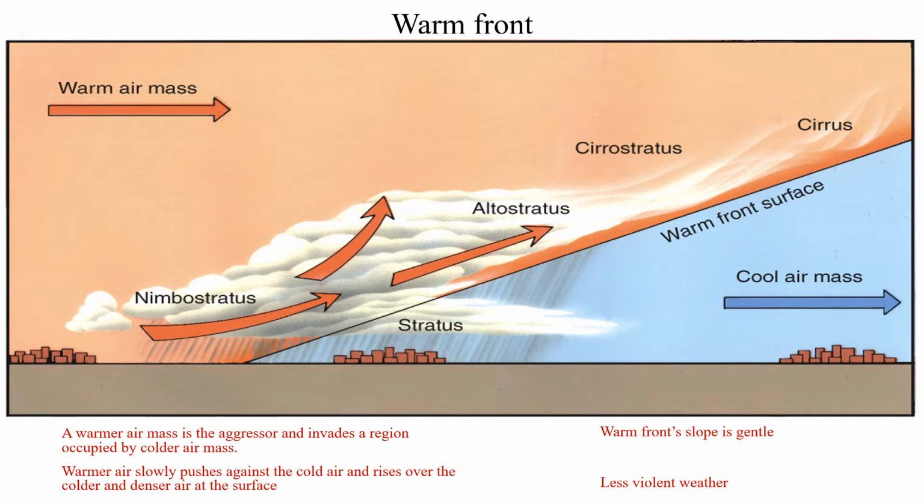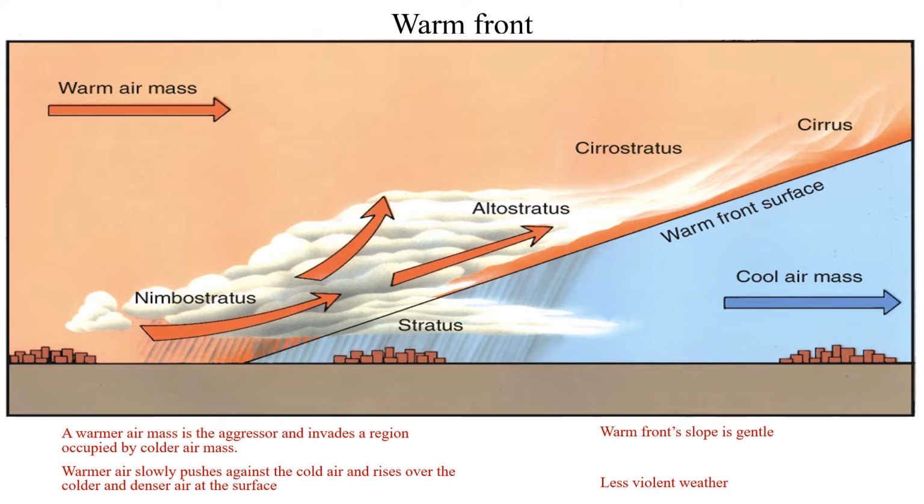Warm front is not as violent as cold front, but here warm air mass is invading a region where we have cold air. When the warm air is the aggressor, moving into the cold air, that warm air is lighter, so it slides away over the cold air, and you have a very gentle slope.